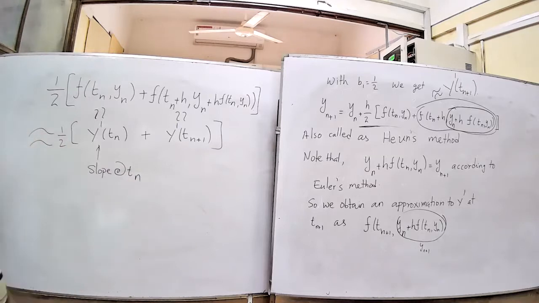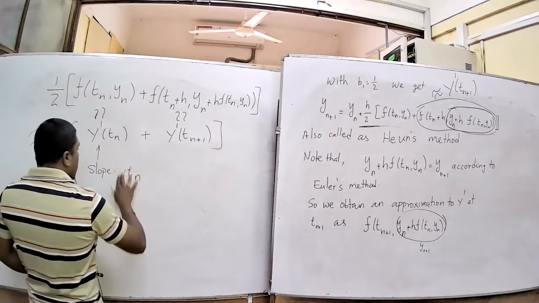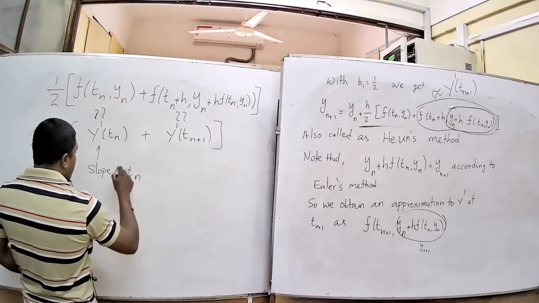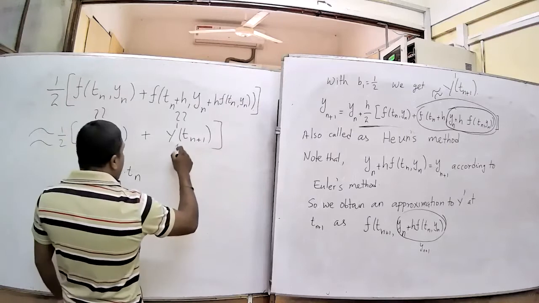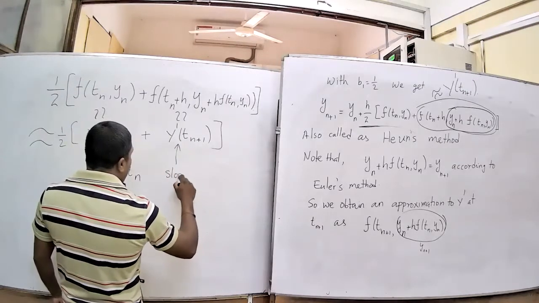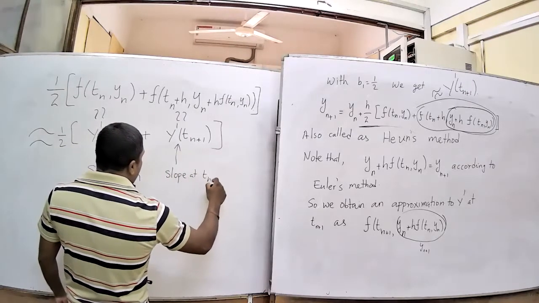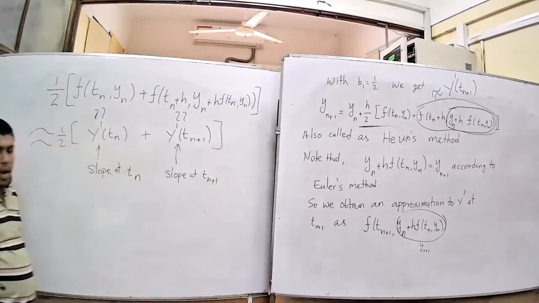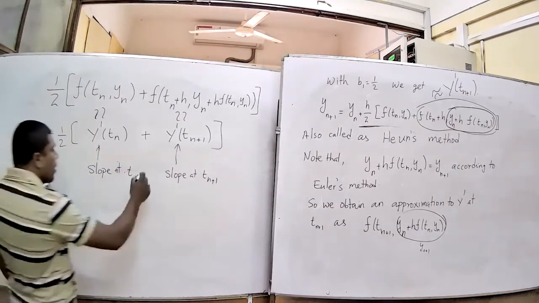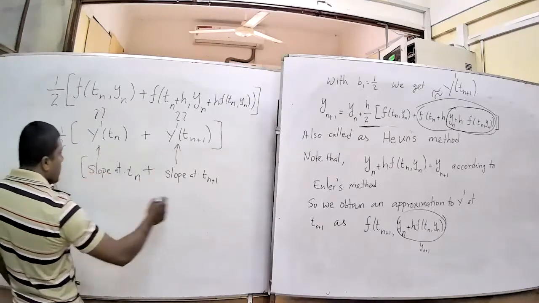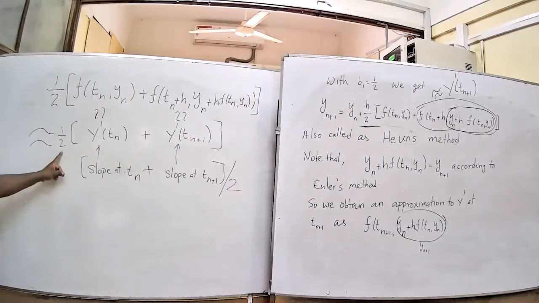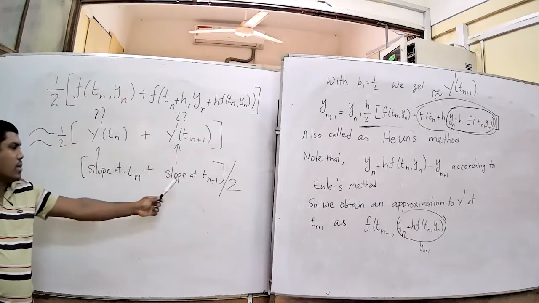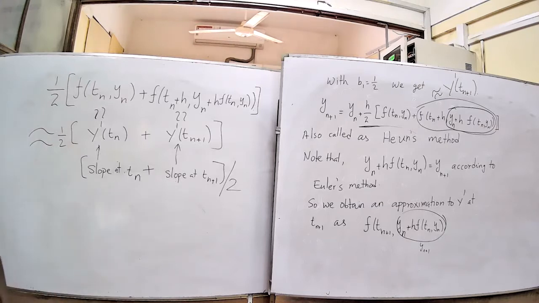This is the slope at Tn, I should write properly. Slope at Tn, and this is slope at Tn plus 1. So then what you do is you add them together and divide by 2. So slope at Tn and slope at Tn plus 1 divided by 2.